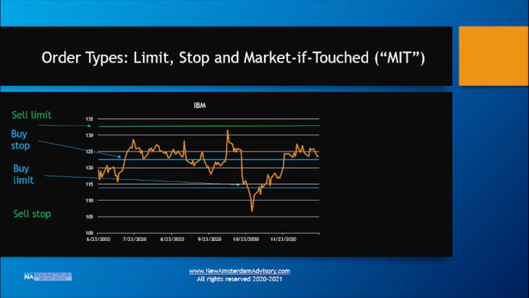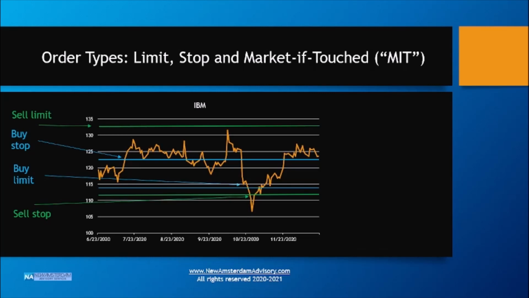Now, a sell stop order is then the exact opposite of the buy stop order. So it'll be below the market price. And essentially what it will protect us against is the possibility that the bottom will fall out from underneath the stock and we want to sell before it gets to that level.